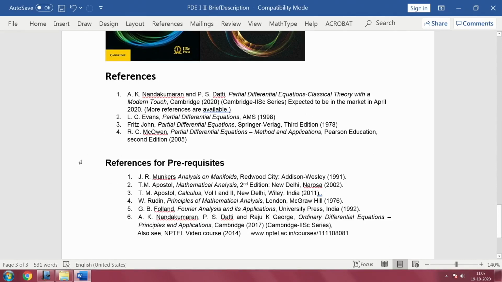And there are plenty of references given in our book. There are many good, beautiful books to refer to, a few of which I have given: L.C. Evans, Partial Differential Equations, Fritz John, these are all classical references which you probably already know. And McOwen, and Pinchover, and many other books. Whichever you find suitable you can use.